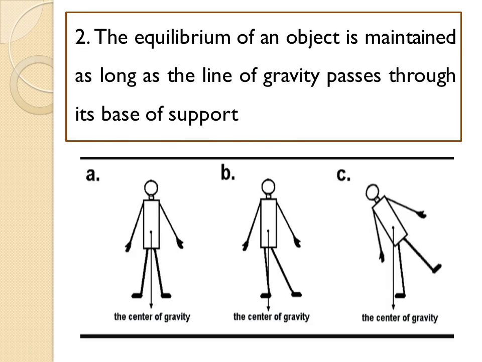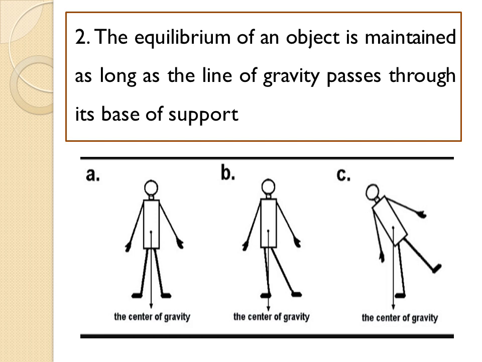The second is, the equilibrium of an object is maintained as long as the line of gravity passes through its base of support. So equilibrium or the balance of an object or a person will be maintained when the line of gravity passes through the base of support.